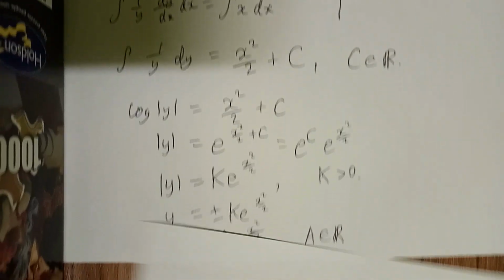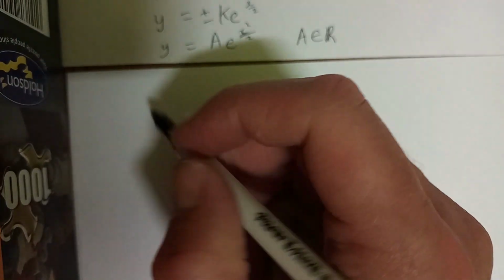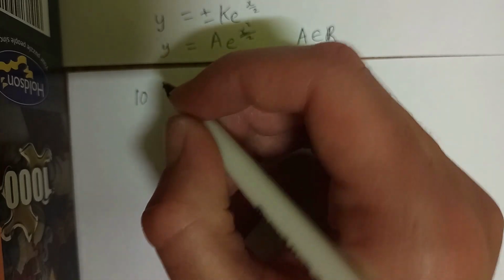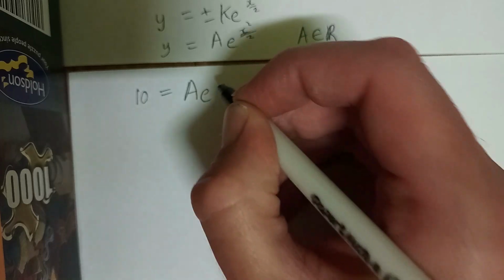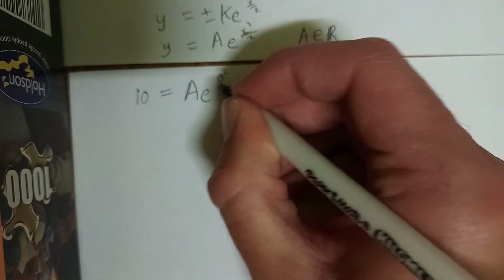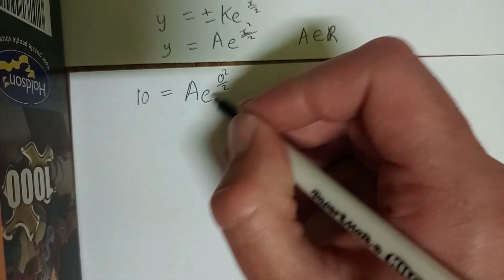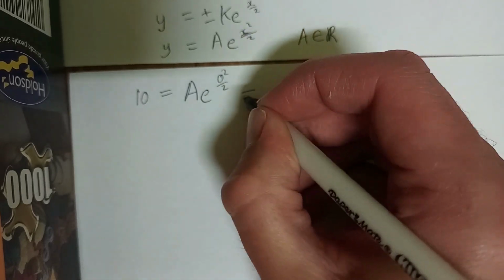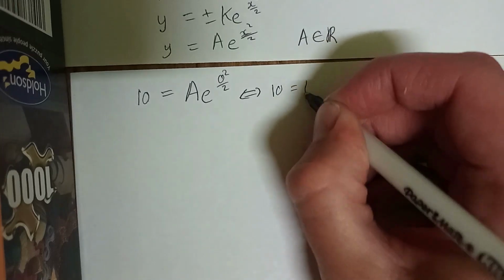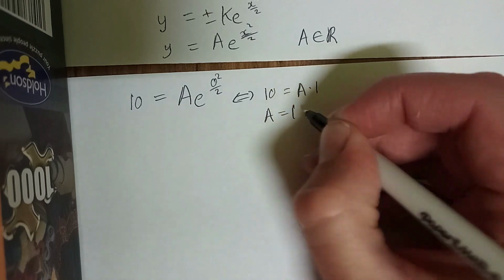So we can substitute that into our solution. y equals 10 at x equals 0 gives us 10 equals a e to the power 0 squared over 2, and e to the power 0 squared over 2 is just e to the 0, which is just 1. So we get 10 equals a times 1, and therefore a equals 10.